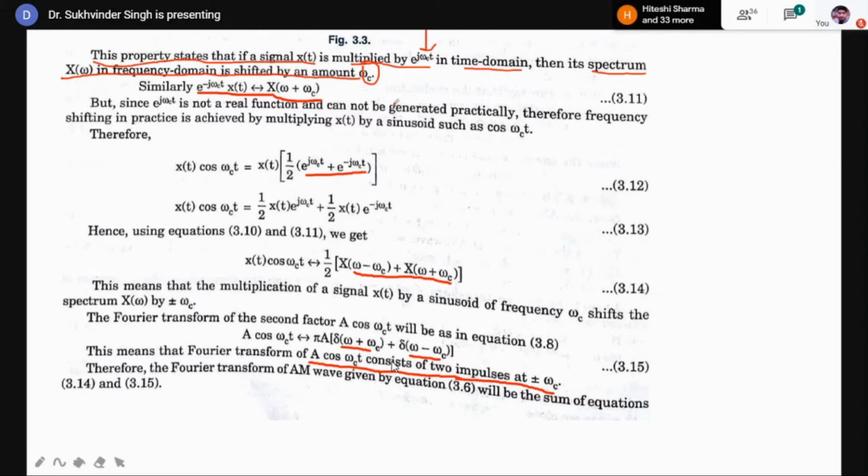So if we multiply with e raised to the power 2j omega_c t, in that case the frequency shift would be 2 omega_c.